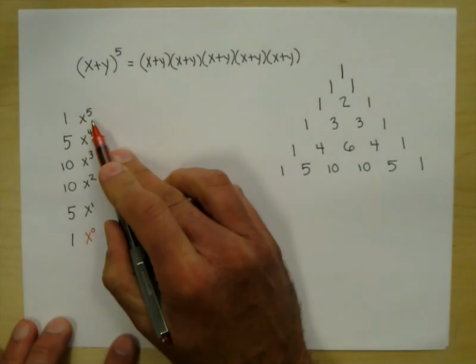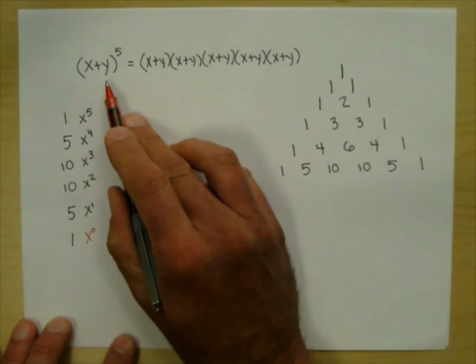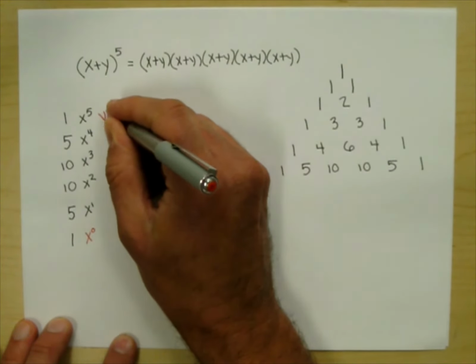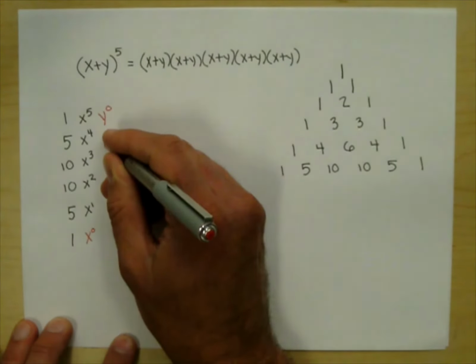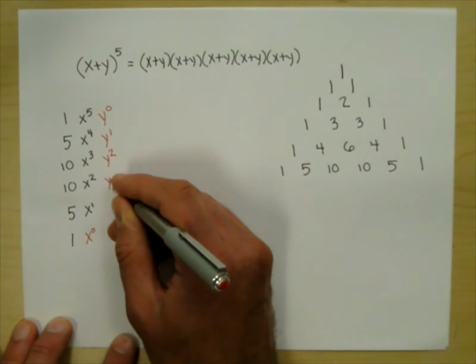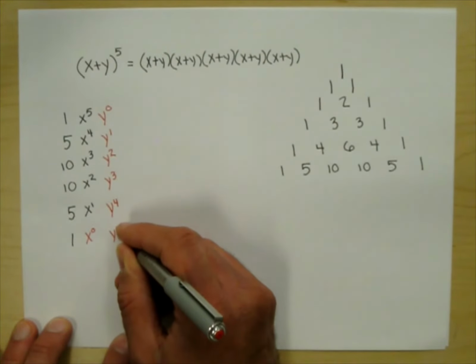So this guy is completely alive and then dies. Now this guy over here is going to be completely dead on the first term, which is y to the 0. And then he's going to come to life. Y to the 1, y squared, y cubed, y to the fourth, y to the fifth.